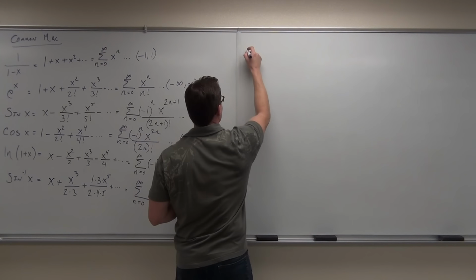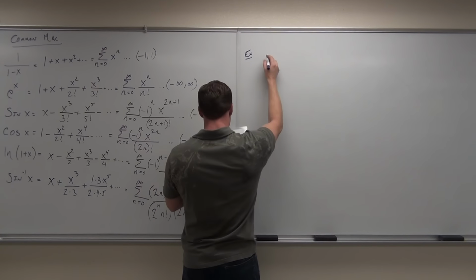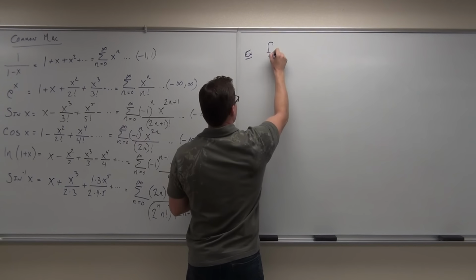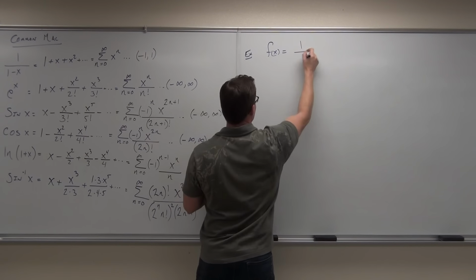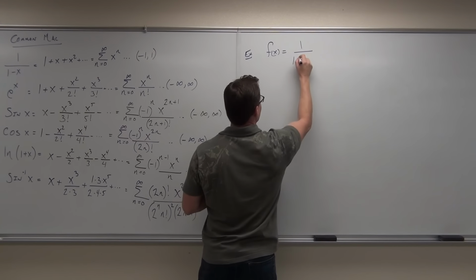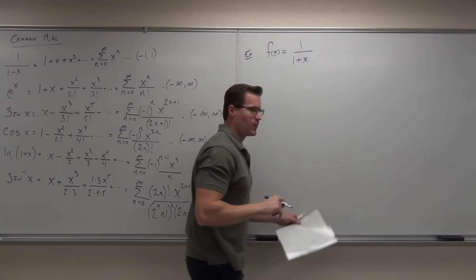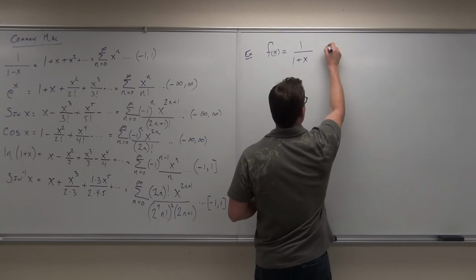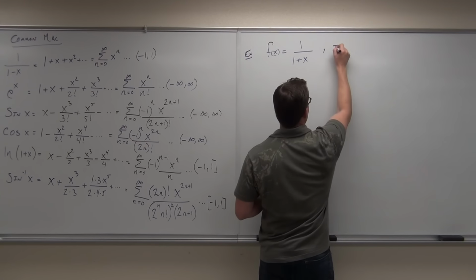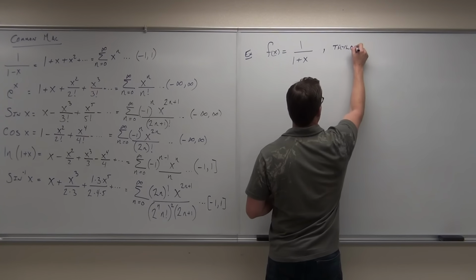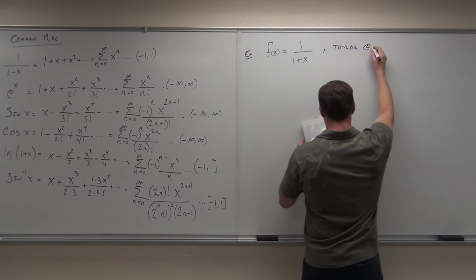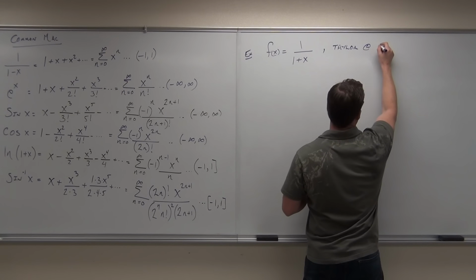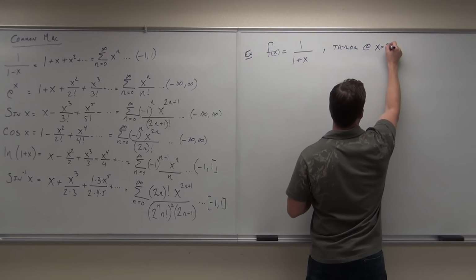For example, let's say I give you this function on your test, which I'm going to do. And I say, I want you to find the Taylor series at x equals 2, or c equals 2.